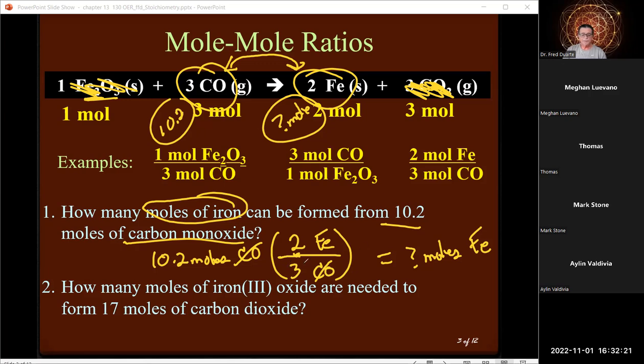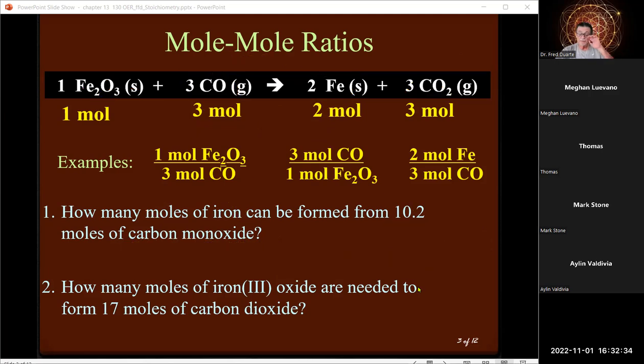Okay. Check your units. You can see the units of carbon monoxide cancel out, leaving us with units of iron. No different than what we did with respect to that conversion chapter. It's keeping track of your units. Well, here we go.